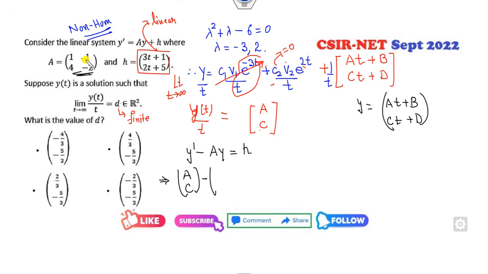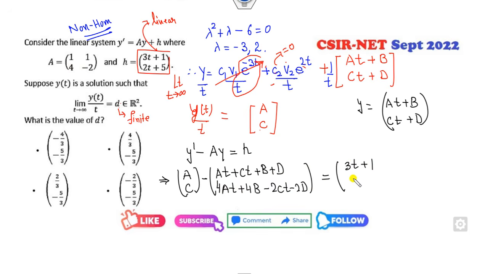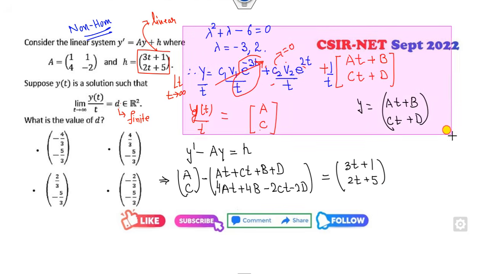So it will be a plus C plus b plus d, 4A into t plus 4B minus 2Ct minus 2D. It is equal to h, and h is my 3t plus 1, 2t plus 5. That's over. Now I can clear this screen for you.